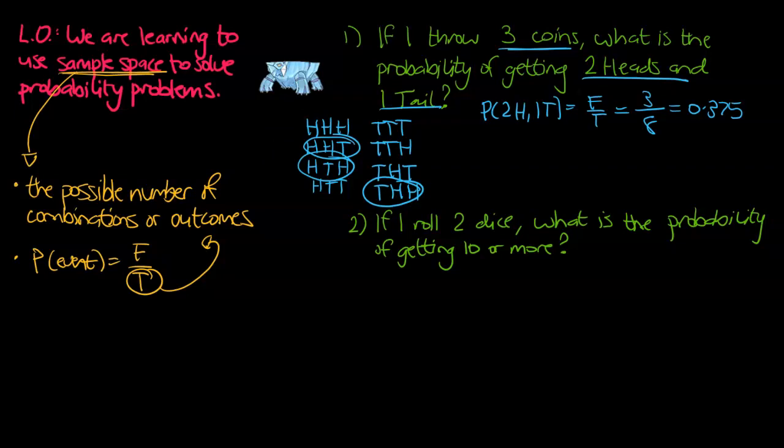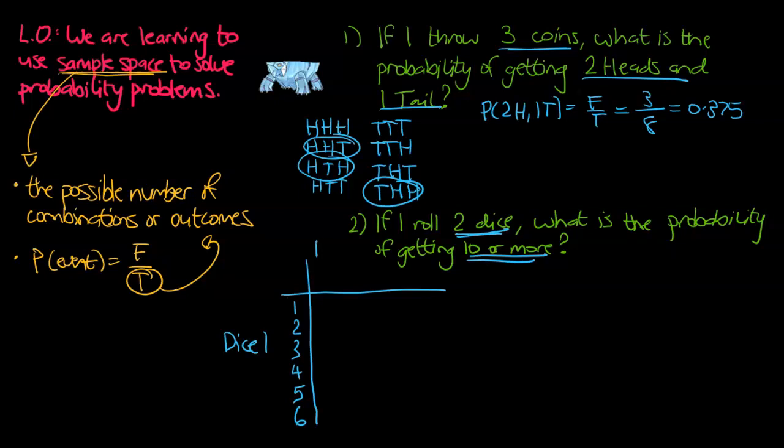Okay, so we got our next question down there in green. We're going to move away from lists for this. We're going to try to use a bit of a table to help out as well. So if I roll 2 dice, what is the probability of getting 10 or more? And this is where I suggest we use a bit of a table. And let's say all the outcomes over here of dice 1, we're going to list 1, 2, 3, 4, 5, and 6.